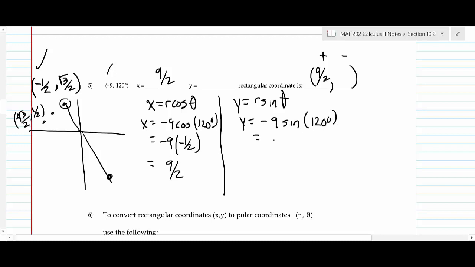So that's going to be negative 9 times square root of 3 over 2. And you got a negative answer like you expected. So y is negative 9 root 3 over 2. So you get a logical answer. Okay, that's it. All right, so that's one thing that you definitely want to be able to do. And you're going to do this in Calc 3.